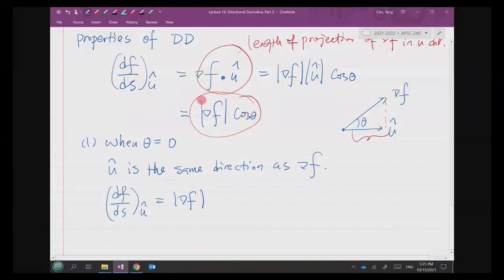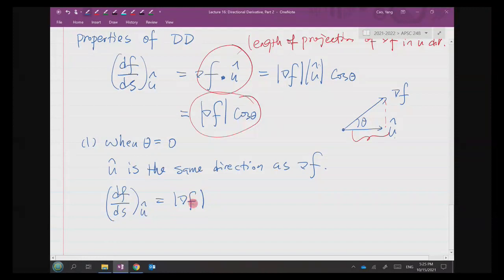So what do you think of this value, the value of the directional derivative? You look at the formula here: you have the magnitude of the gradient vector multiplied by cosine theta, a sinusoidal function. A sinusoidal function always varies between -1 and 1.